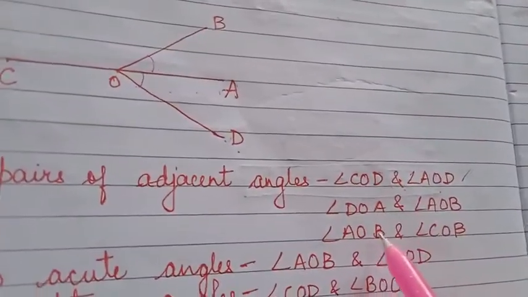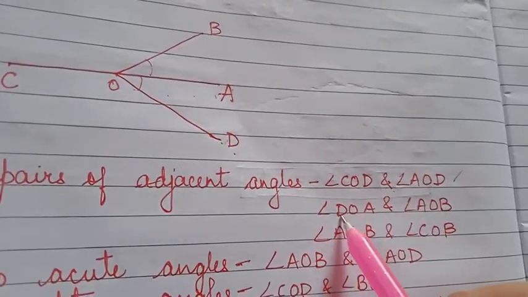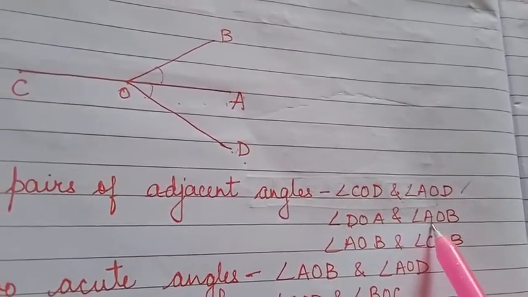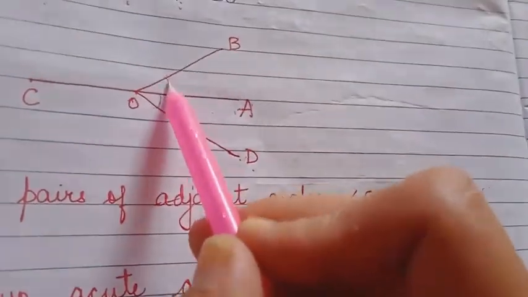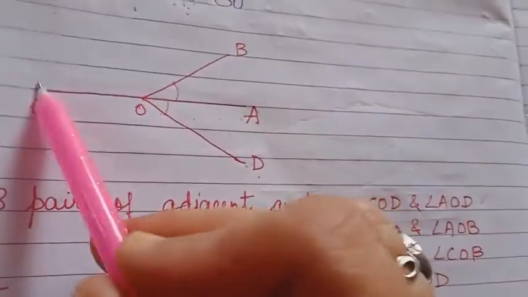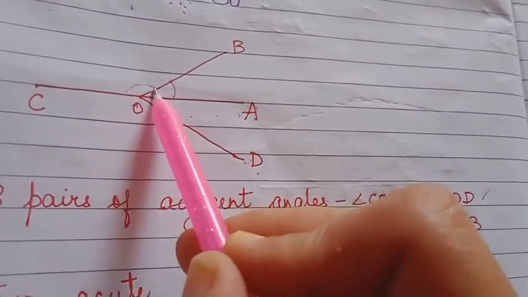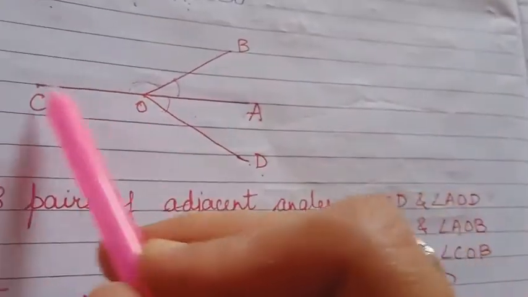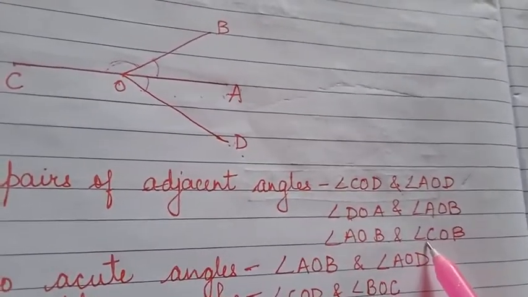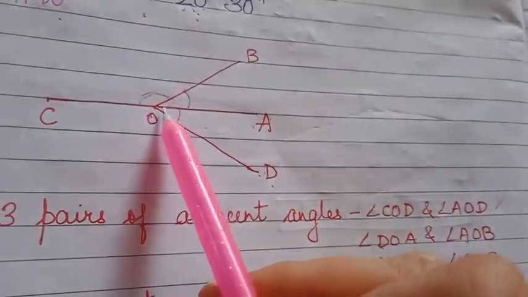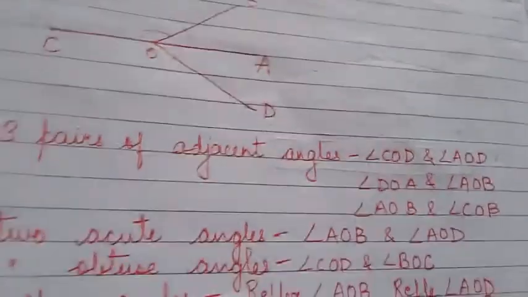So angle DOA and angle AOB are adjacent angles. Then angle AOB, this is angle AOB, and this is angle BOC. So angle AOB and angle COB are adjacent angles because they share OB as the common arm.